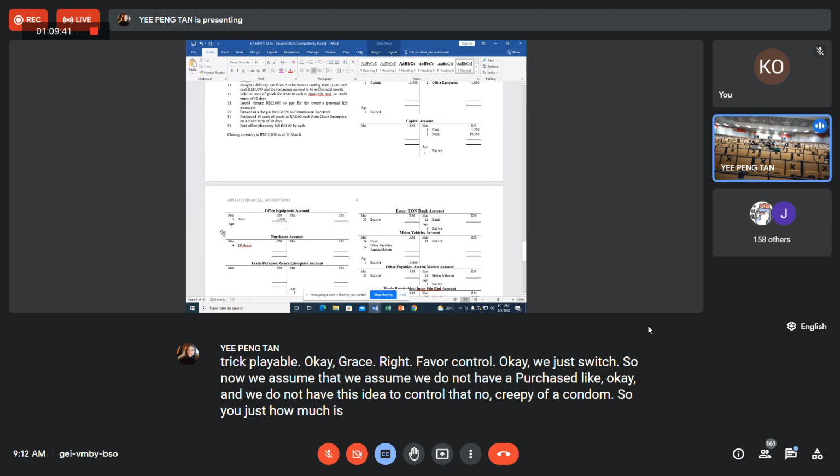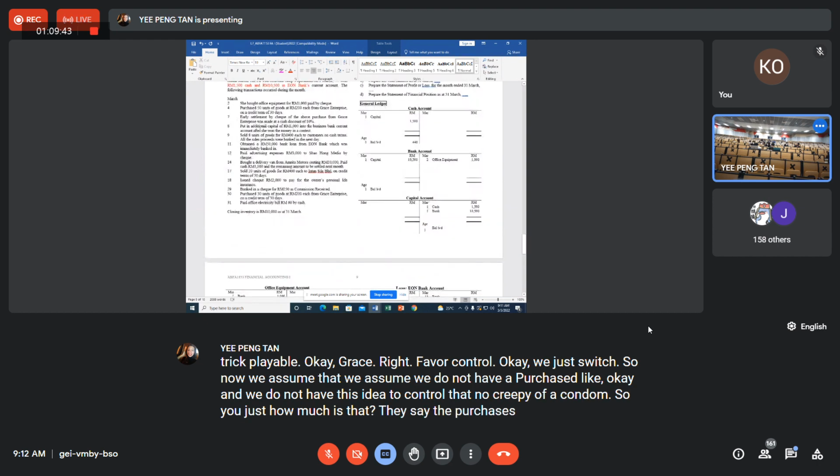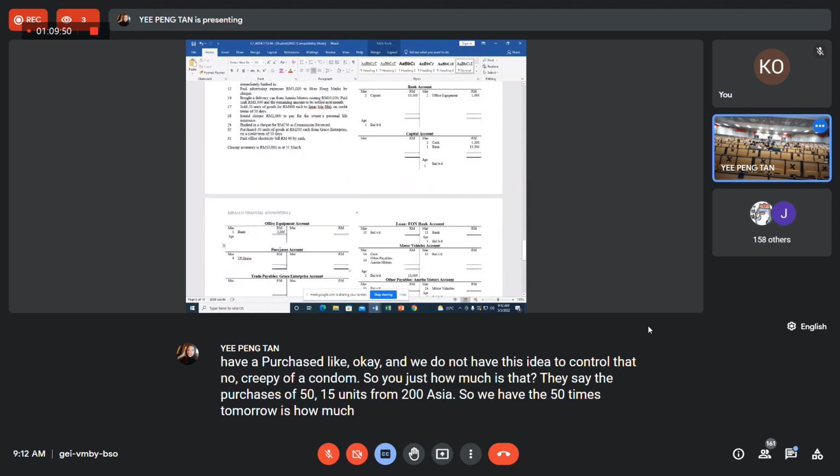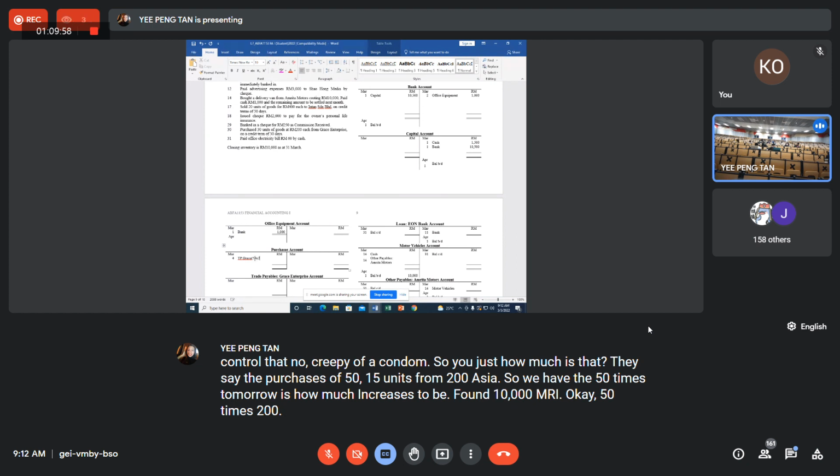They say the purchases is 50 units times 200 each, so 50 times 200 is how much? The purchases should be 10,000, am I right? Can you calculate 50 times 200? It's 10,000, right?